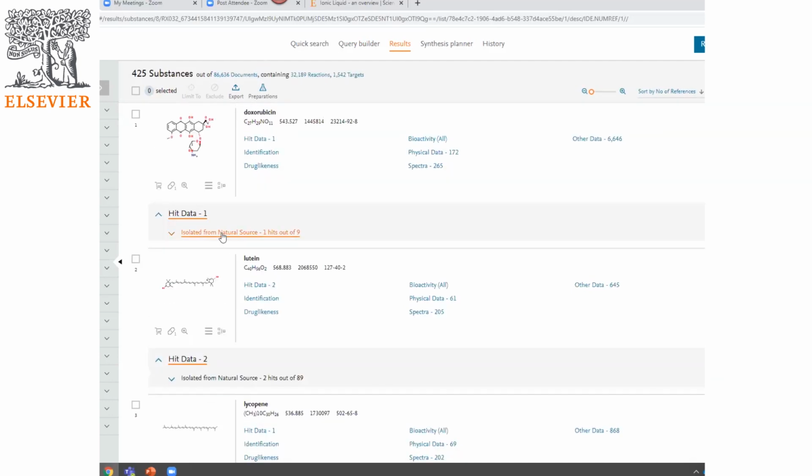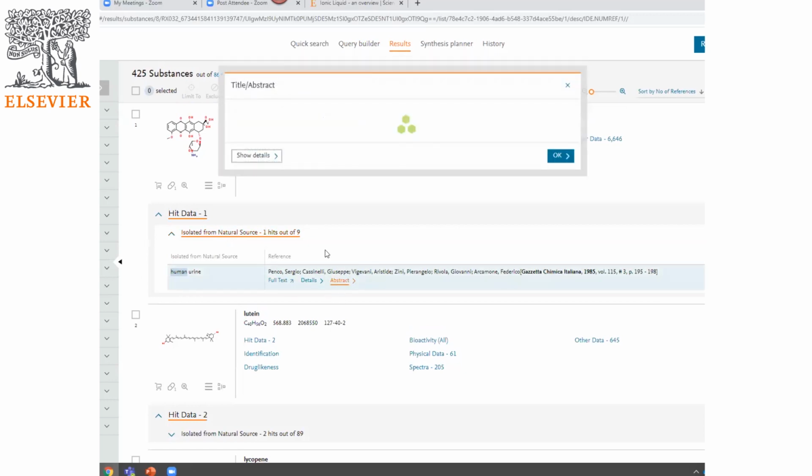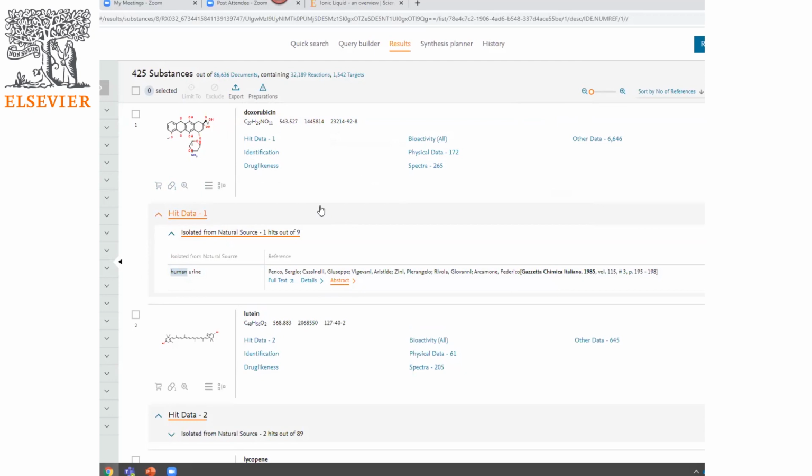For example, in the case of doxorubicin, it can guide us to its antibiotics. It can guide us to the detection technique of this compound in the urine. So you see it's human urine.